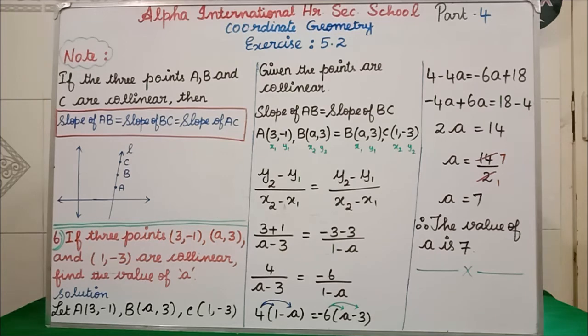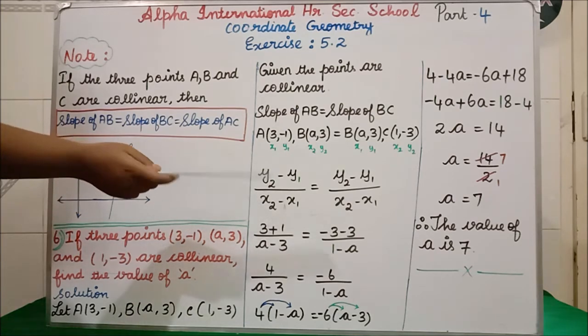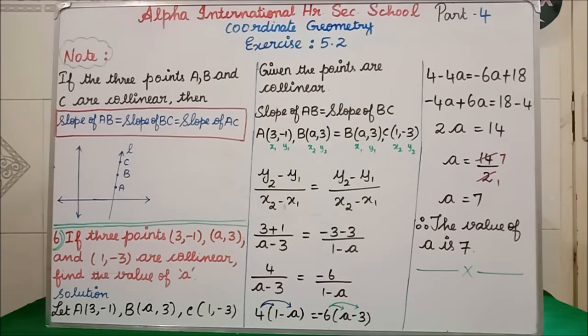So far what formula have we used? y2 minus y1 divided by x2 minus x1. If 2 points are given and they ask us to find the slope, the formula is y2 minus y1 divided by x2 minus x1.